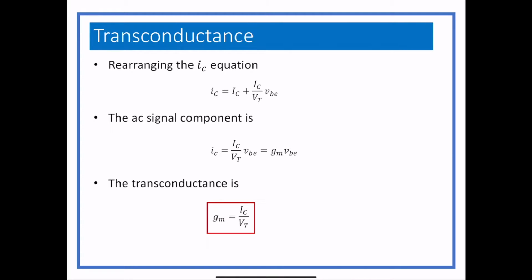This is very, very similar to finding the transconductance for MOSFETs. Remember, with that it was ID over VT, so it's very similar. We also have the same thing with BJTs as far as finding the slope of the actual curves.